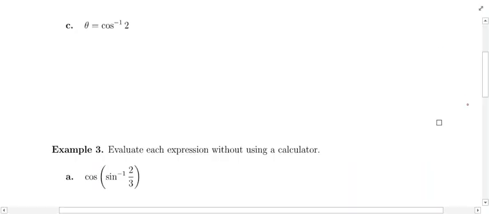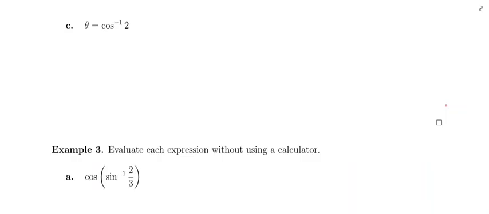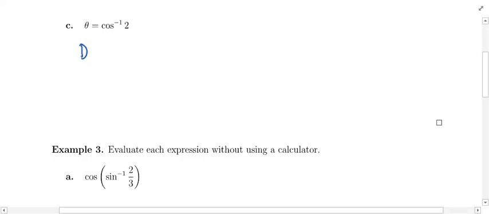Let's do one more, because essentially we're doing the same thing. We're just returning a degree angle instead of a radian measure. Last one, we are going to compute the cosine inverse of 2. What we need to do here is write down domain and range for cosine inverse.